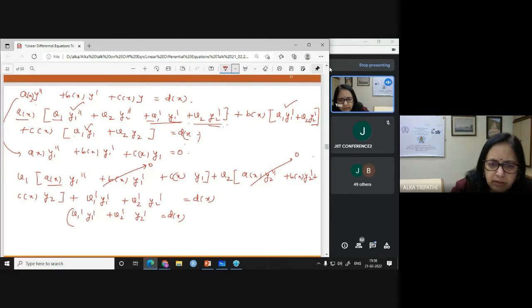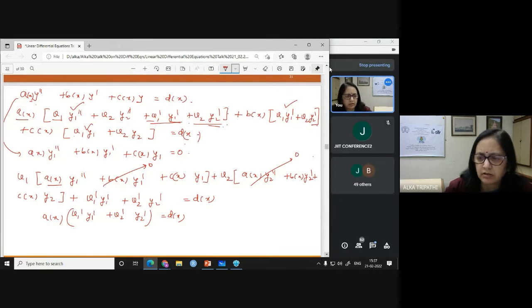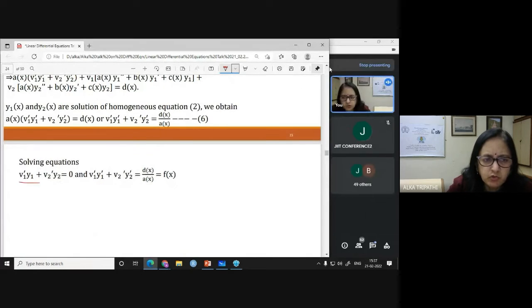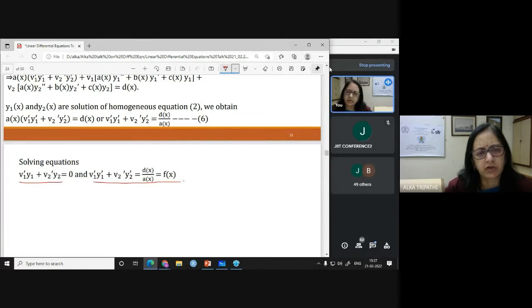So I will have ax here, or you can say divide this by ax, then you will have these two equations. You can directly solve this, or you can convert into matrix form and then solve it.